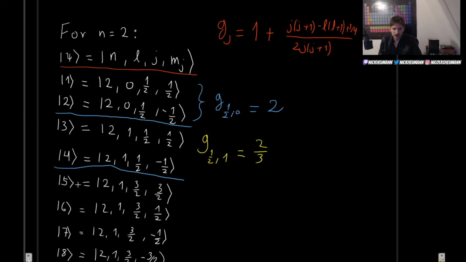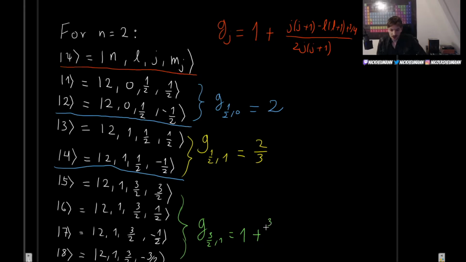All right, so we have one more, which is from these 4. So this is a case where J is 3/2 and L is 1. So in this case, we have, once again, 1 plus, and now J plus 1 is 3/2 plus 1, which is 5/2.